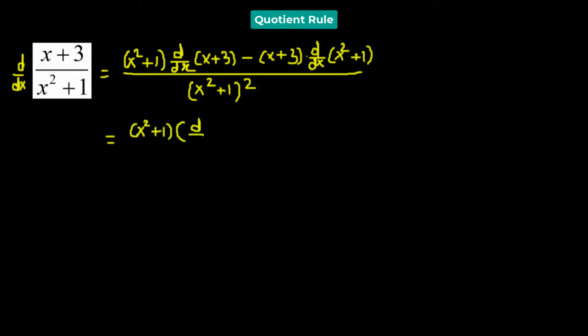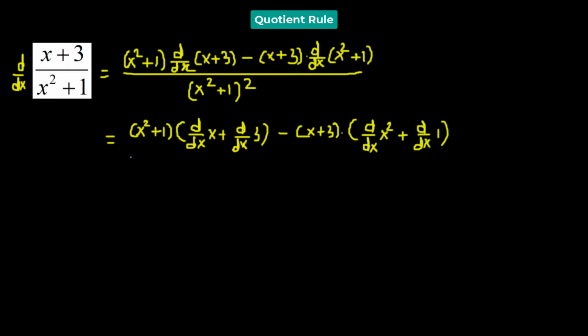So that will be equals to x squared plus 1 multiplied to the derivative of x plus derivative of 3, minus x plus 3 times the derivative of x squared plus the derivative of 1, whole divided by x squared plus 1 whole squared.